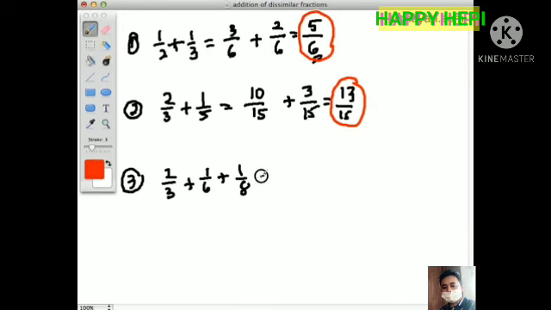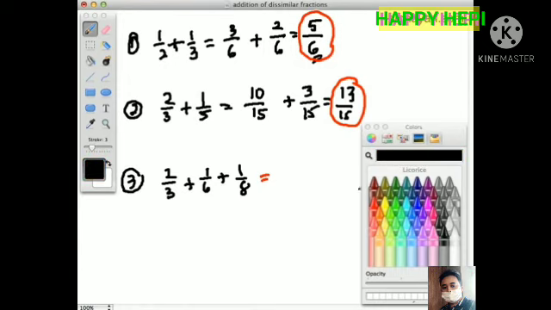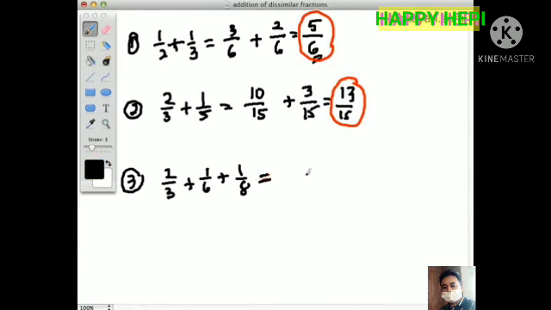Okay, so we will have 3 fractions here with 24 as our denominator because 24 is our LCM. So, lahat ng denominator natin sa tatlong fraction natin will be converted into 24.